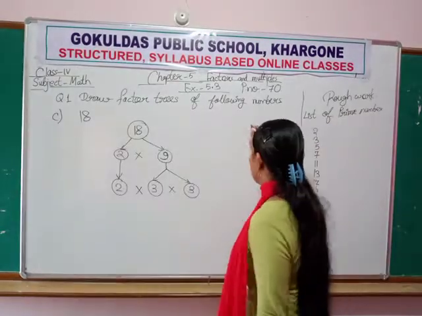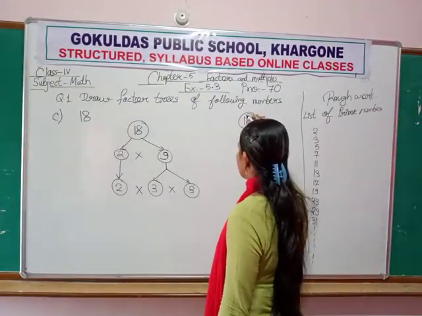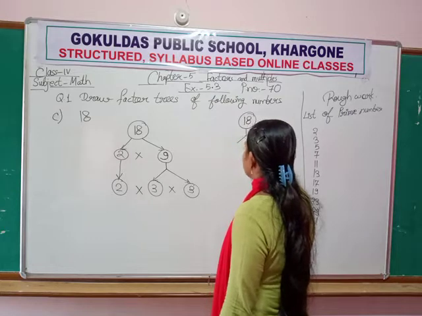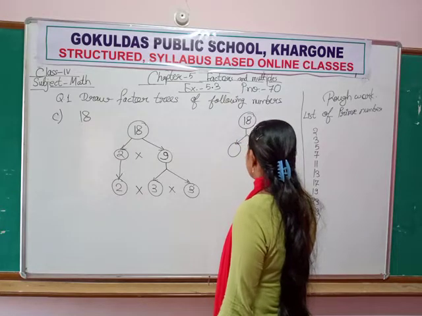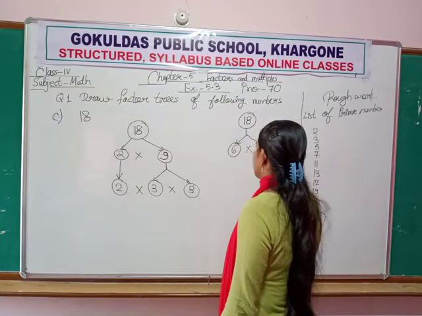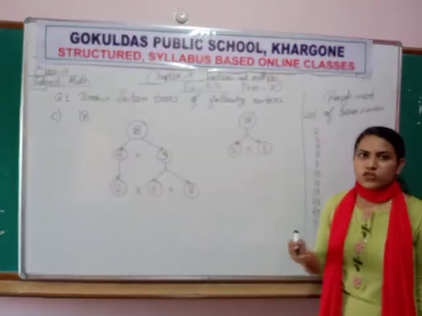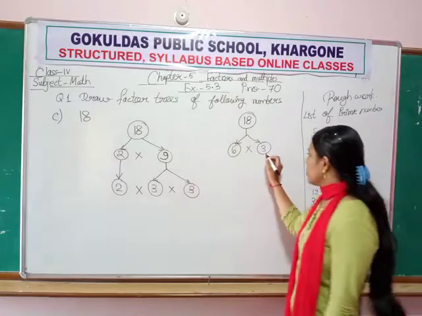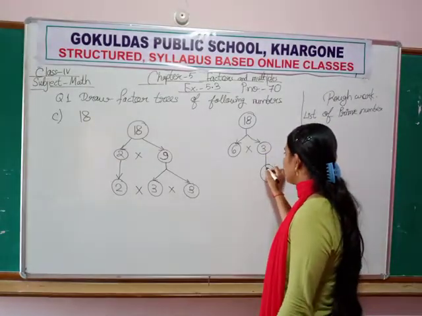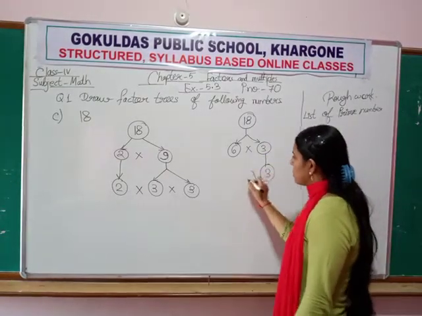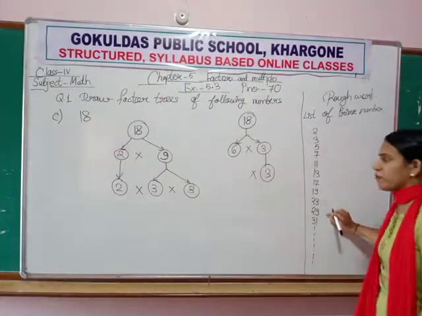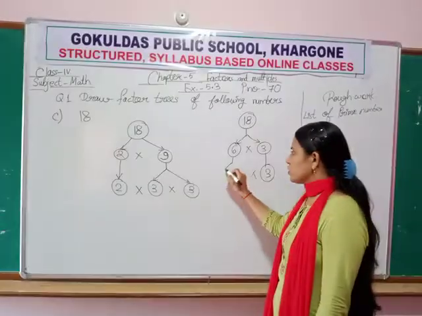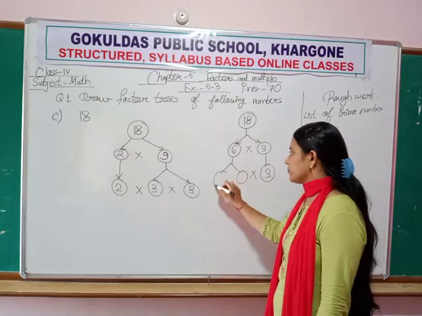There is one other way also to make the tree for 18. 6 into 3. 6 into 3 also gives 18. 6 3s are 18, right? Now 3 is a prime number, so we will bring it down as it is. 6 is not in the list of prime numbers, so now we need to split it up in two parts.